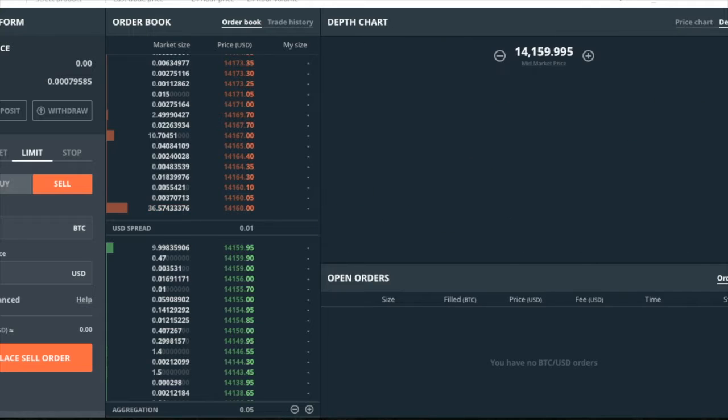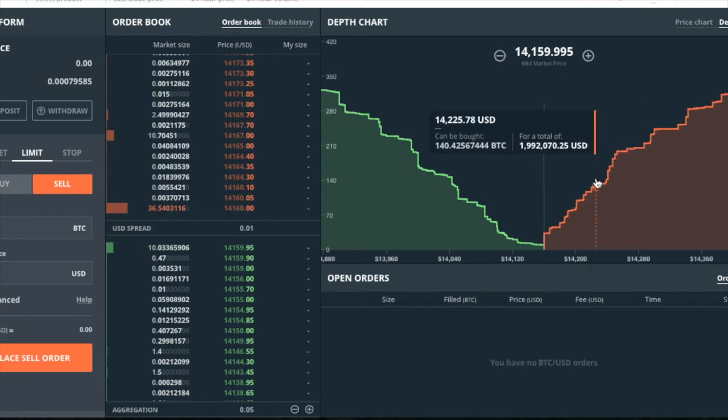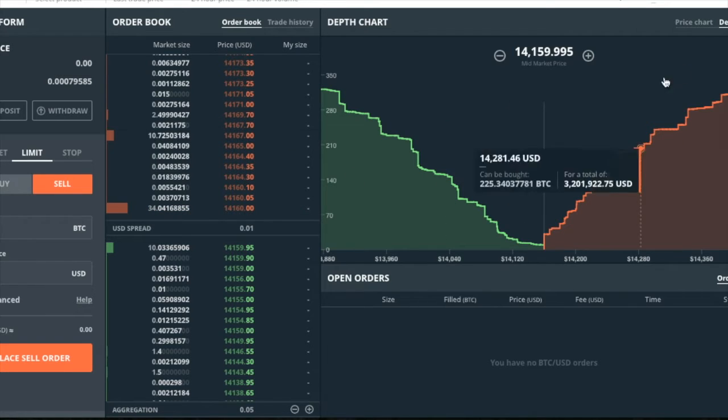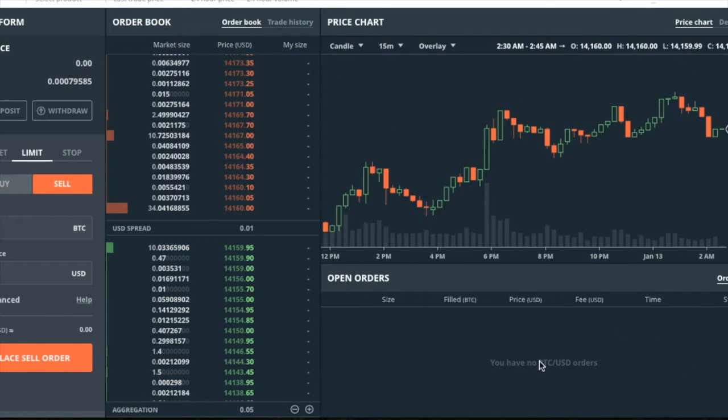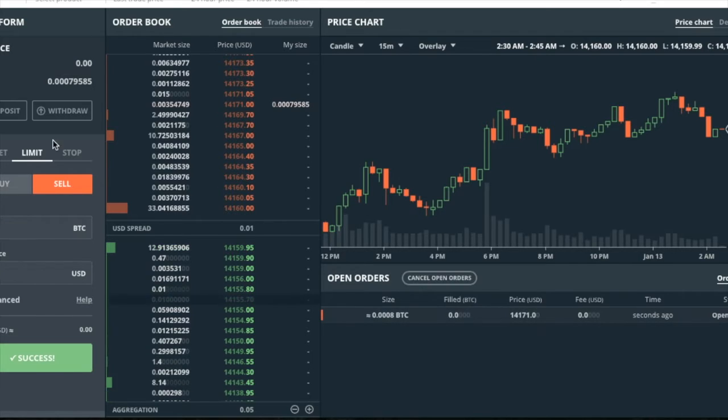You also have a depth chart, where these are the sell orders and these are the buy orders. Let's say I want to sell at this price. Once I click sell, that will pop up right here. If I want to cancel it, I can just click cancel, and it will cancel it for me.